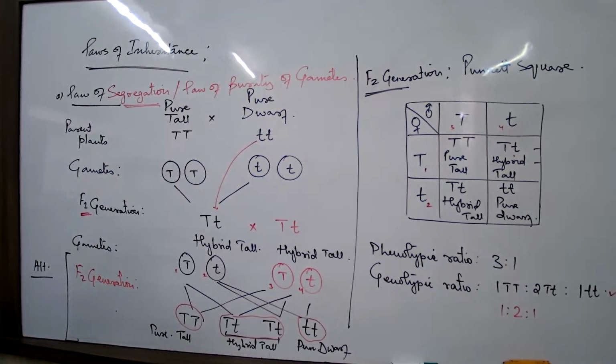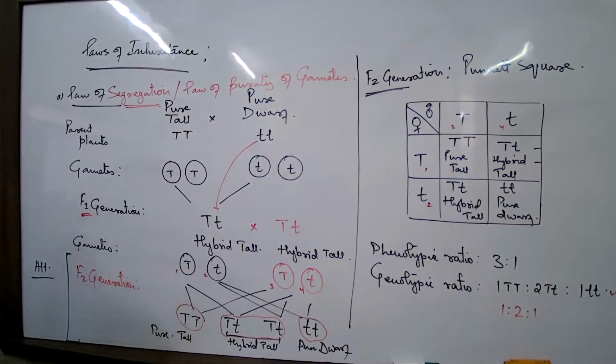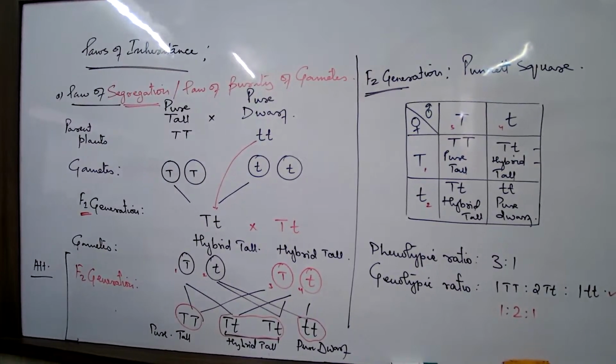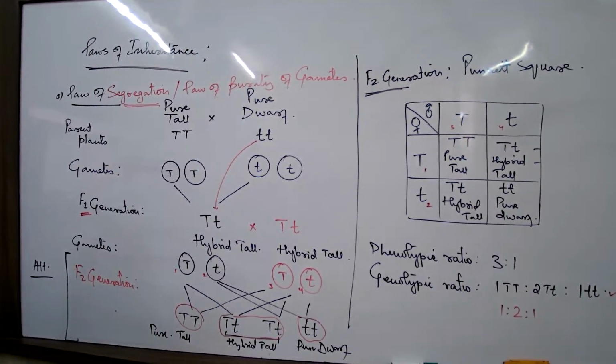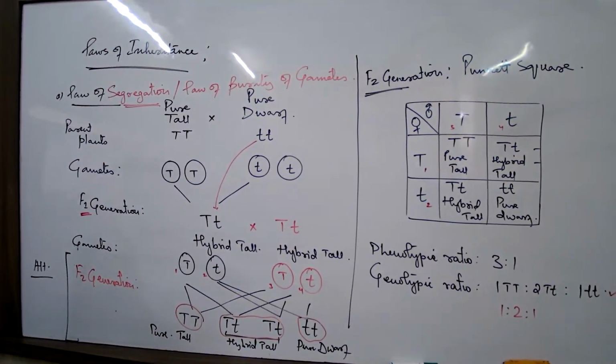How many plants in the F2 generation have parental phenotypes? You have to always take out of 4 only.